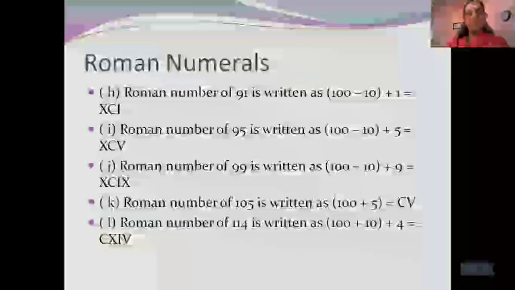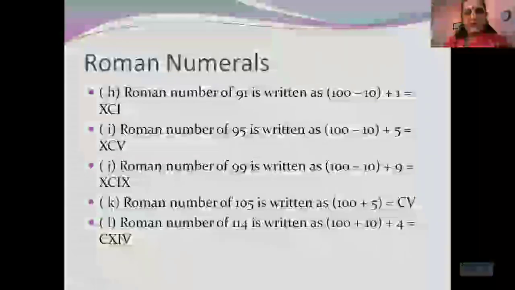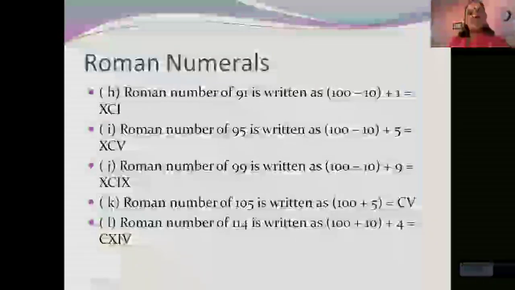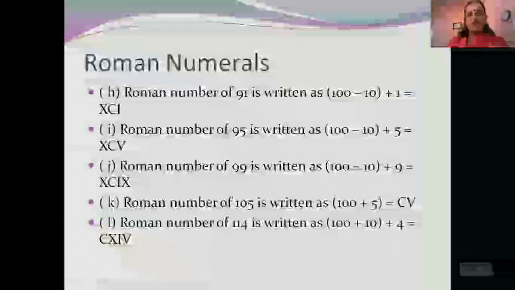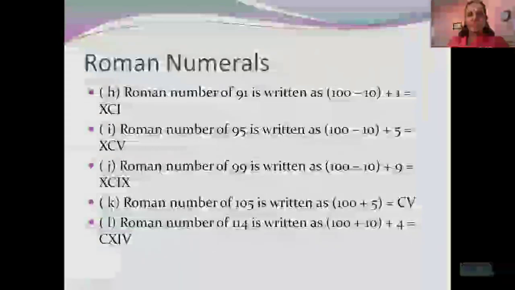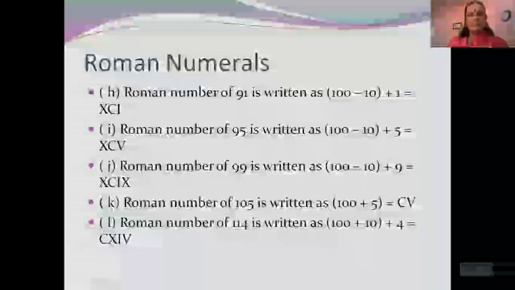The Roman numeral for 99 is 100 minus 10 is 90, plus 9, that is XCIX. And the Roman numeral for 105 is CV. The Roman numeral for 114 is CXIV.